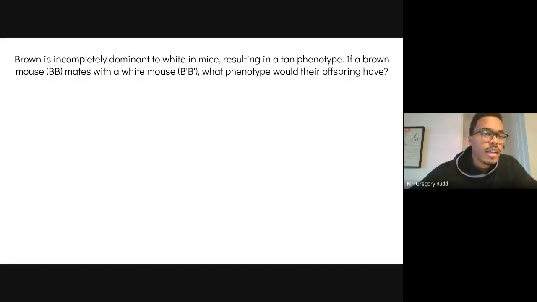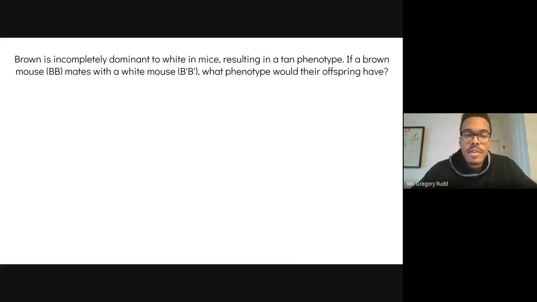All right, the question says, and we've got 12 minutes left, brown is incompletely dominant to white in mice, resulting in a tan phenotype. So we see that brown is the dominant, white is the recessive, and then the heterozygous phenotype is going to be tan. It's a blend of the two.